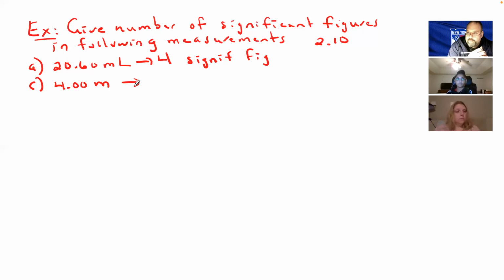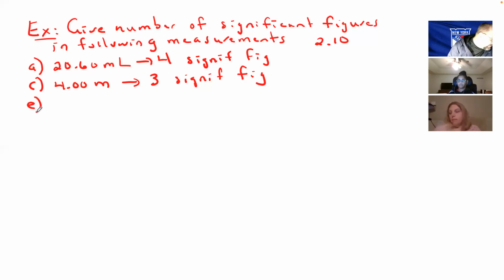Those zeros are significant. Again, what rule leads us to that conclusion? They are after the last non-zero digit and they fall to the right of the decimal point. And therefore, this number would have 3 significant figures.